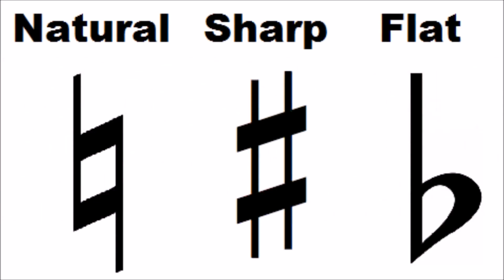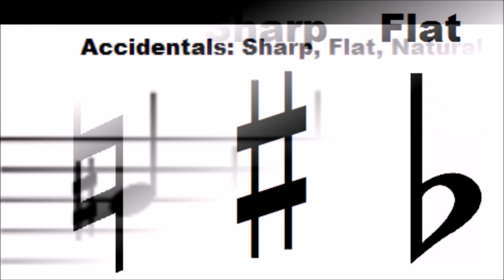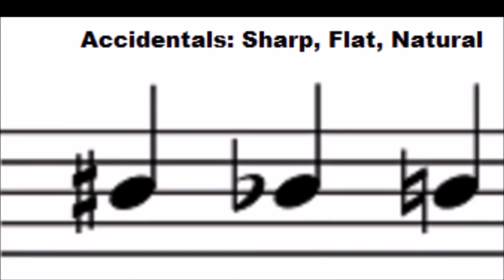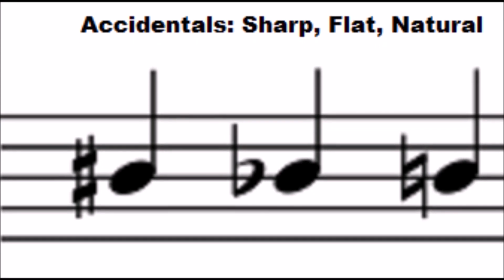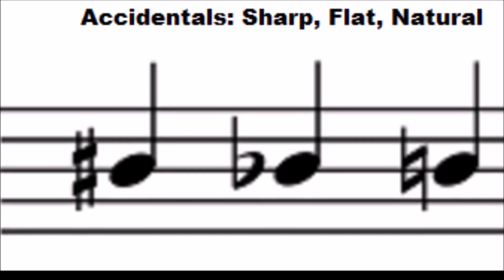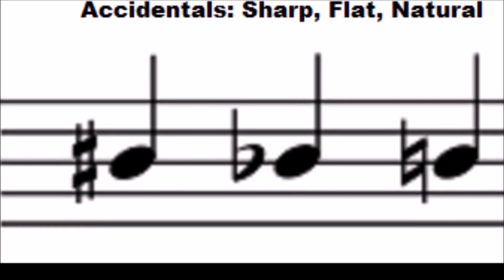Practice drawing 20 sharps, 20 flats, and 20 naturals. This will really help. For each of the accidentals, draw 10 on the line and 10 on the spaces of the staff.